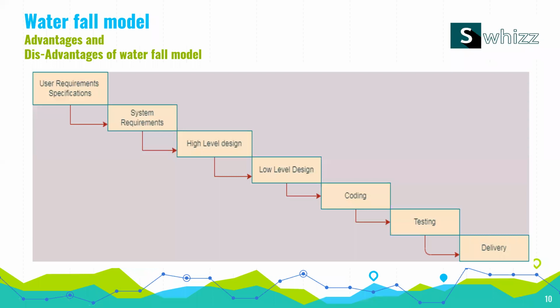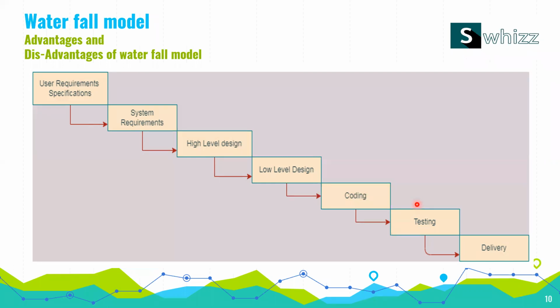The system architect. After that, the system architect prepares the high level design, and later implements the low level design to make the work easy for the developers. Then the developers implement the source code, perform some white box testing, and send it to testing.